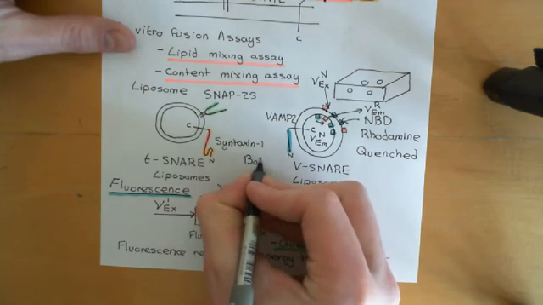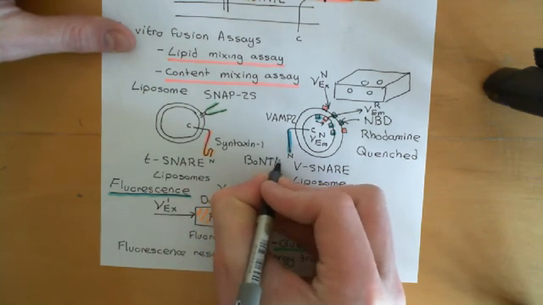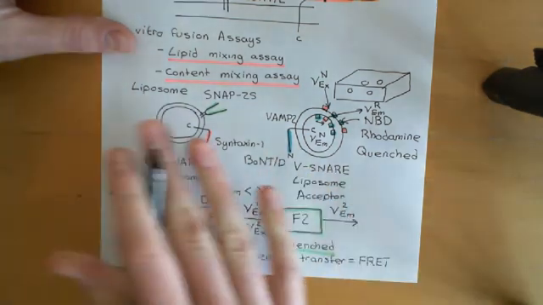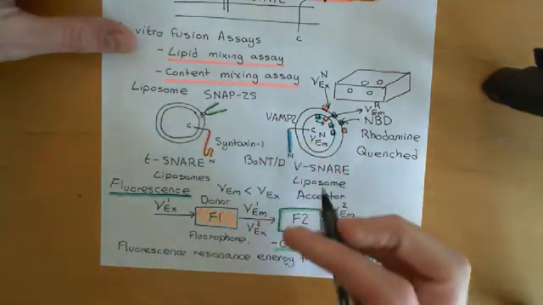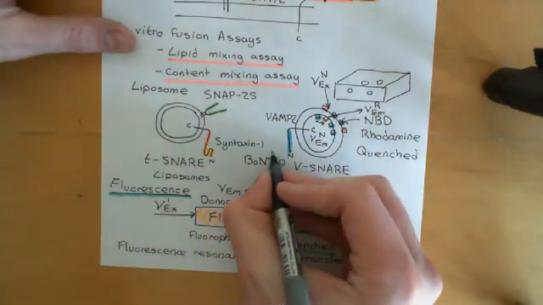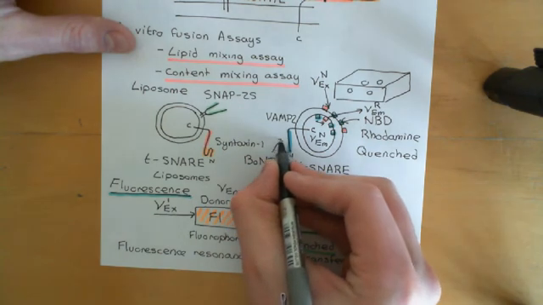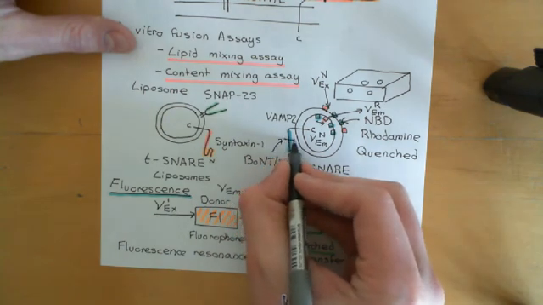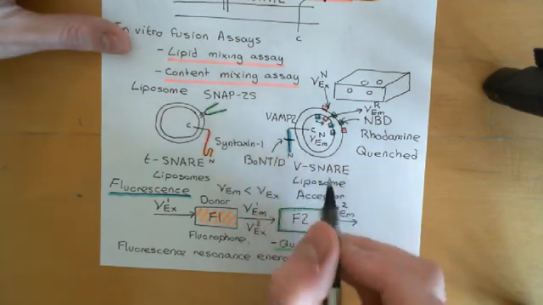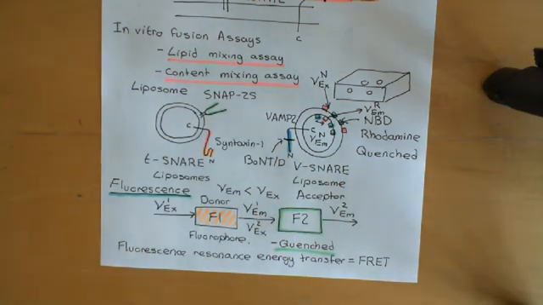So your control would be you do all the same protocols, exactly the same, but the thing that you do differently is you add to the control botulinum neurotoxin D, which, remember, cuts VAMP2 or synaptobrevin 2 in its R snare motif.